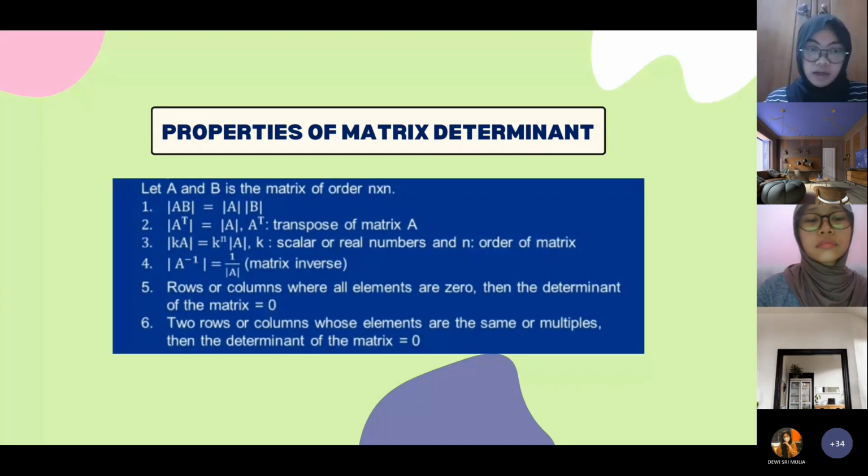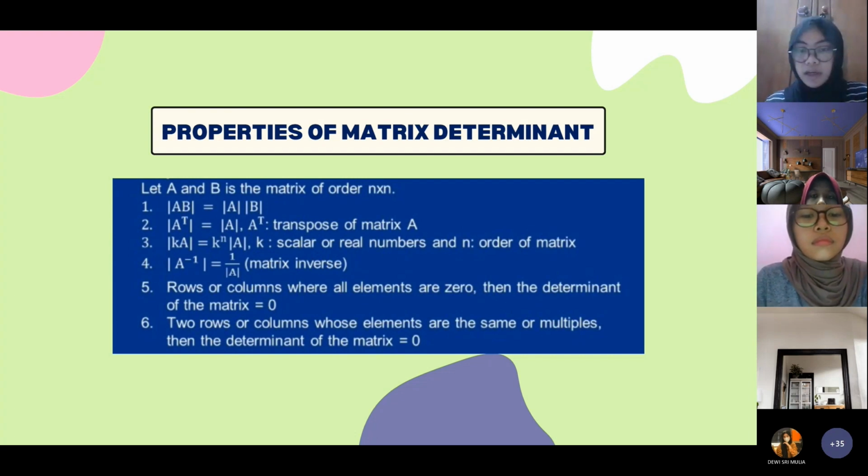Determinant of scalar k multiplied by A is equal to scalar k to the power of n multiplied by determinant of matrix A. k is a scalar or real number and n is the order of the matrix.